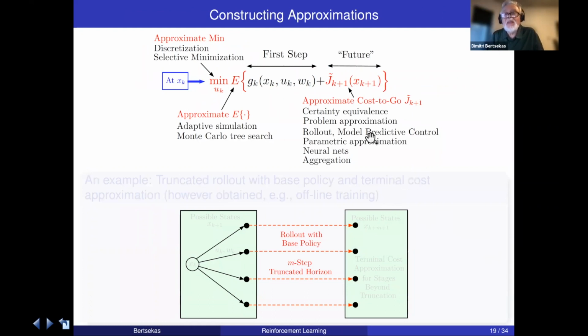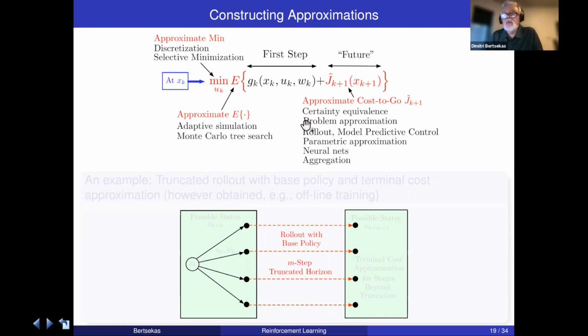Okay, so here's a complementary figure. How do we construct approximations of different types? There are many different ways to construct cost-to-go approximation. We mentioned one of them, certainty equivalence. Pretend that the problem is deterministic by fixing the random disturbances at some typical values, and then solve it in one way or another. Certainly, there's a big simplification.